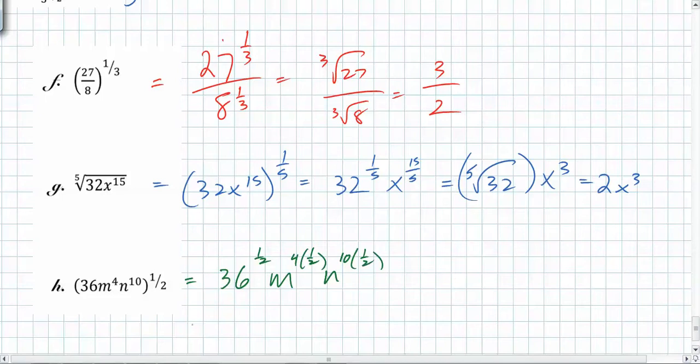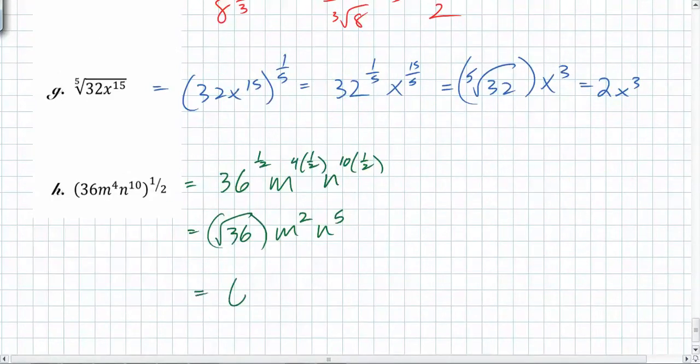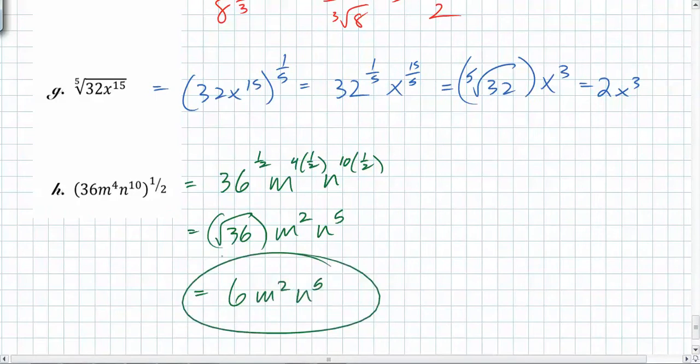What does 1/2 power mean? Square root of 36. M to the what power? 2. N to the what power? 5th. And what's the square root of 36? 6m squared n to the 5th. There it is.